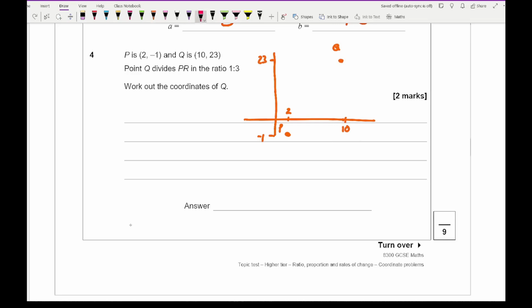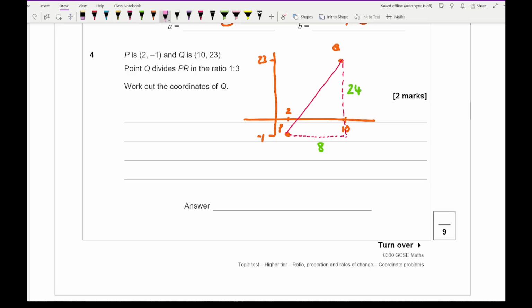So looking at this, we want to split this in the ratio, or Q is in the ratio of 1 to 3. If I look at this distance here, if I draw a triangle, the difference between 10 and 2 is 8, and the difference between -1 and 23 is 24. Then we know that Q is in the ratio of 1 to 3.